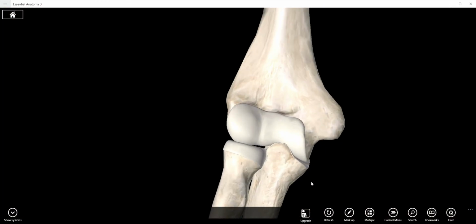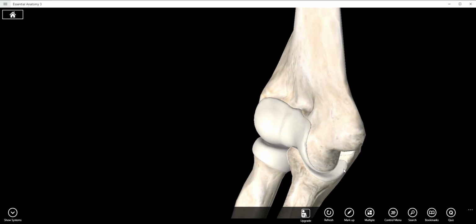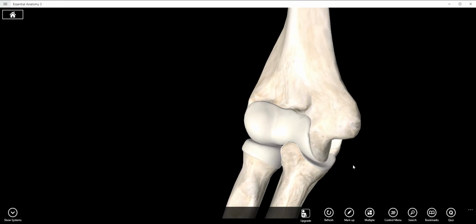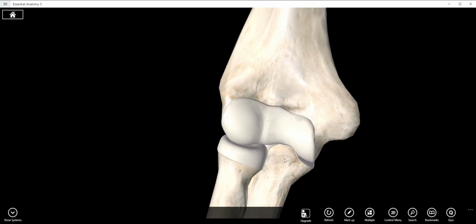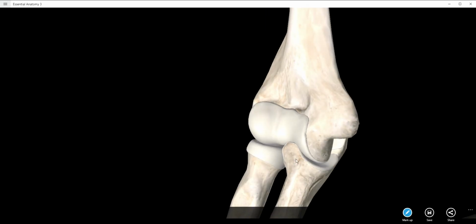In the front, we have a similar thing going on, except when the forearm's extended like this, you can't actually see these structures fitting in their fossa. But if you imagine bending your elbow and flexing it, this structure here, which is called the coronoid process, would actually insert into this fossa here, which is called the coronoid fossa.